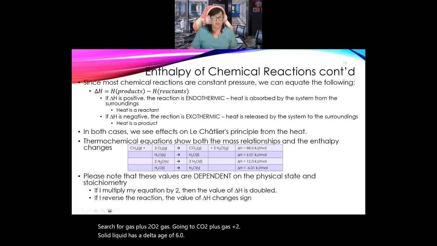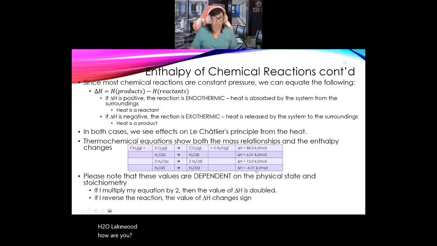But if I multiply that by 2, 2 H2O solid going to liquid has a delta H of 12 kilojoules per mole. Okay. H2O liquid going to H2O solid, the reverse of this reaction, is the same value, opposite sign.